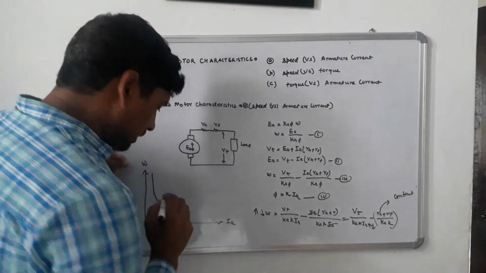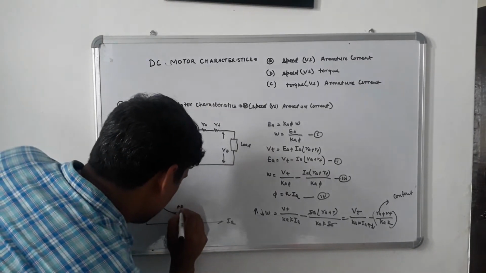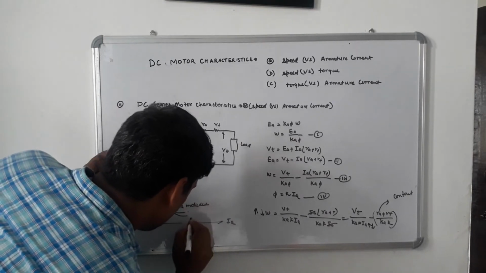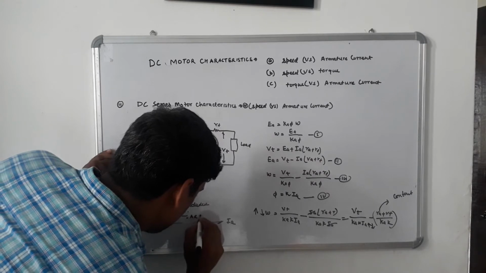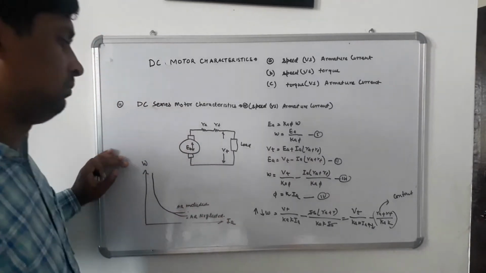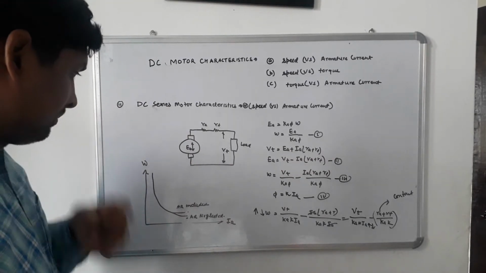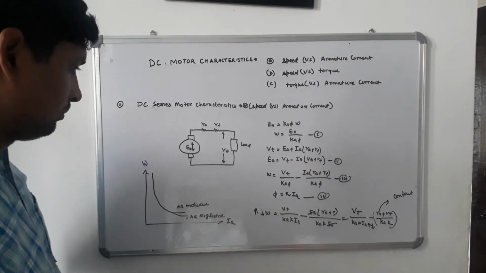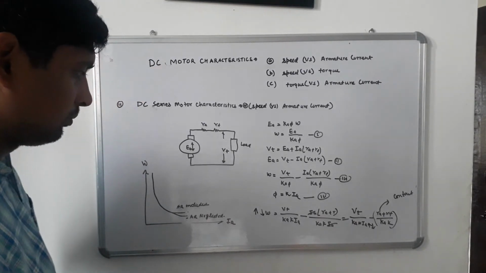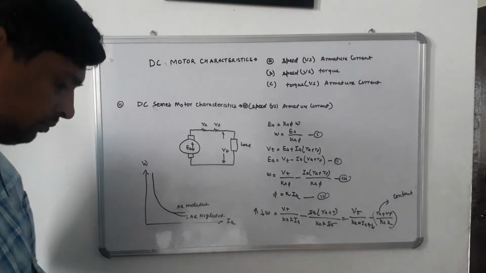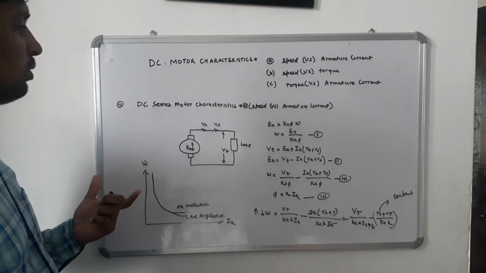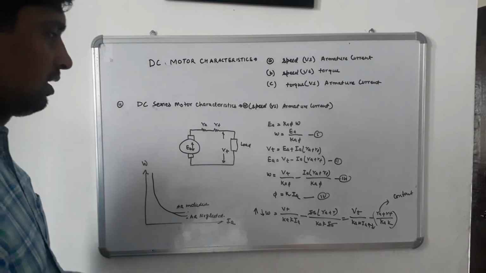Here armature reaction is neglected. This is the characteristic of the DC series motor, speed versus armature current.